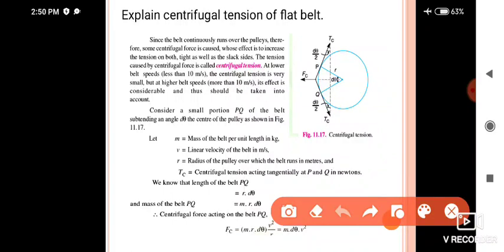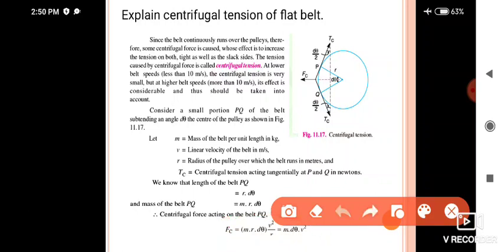So here it is nothing but R into d theta. The mass of the belt PQ is M into R into d theta, and the centrifugal force acting on the belt PQ is finally Fc equal to M R d theta into V square divided by R, and finally the equation is M d theta V square.